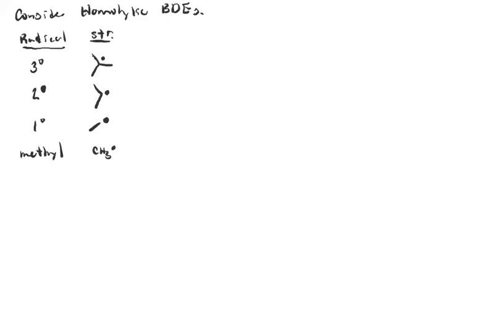Tertiary radical has 3 carbons attached, secondary 2, etc. We can look at the other side of that equation, which is the corresponding alkane.